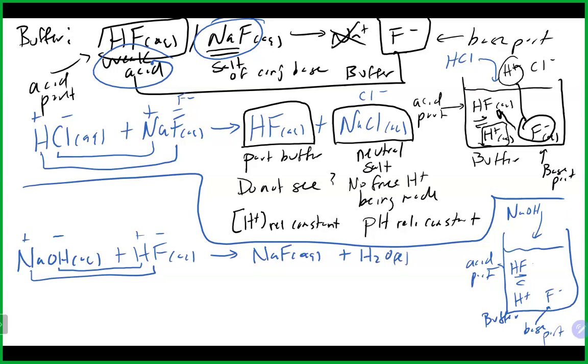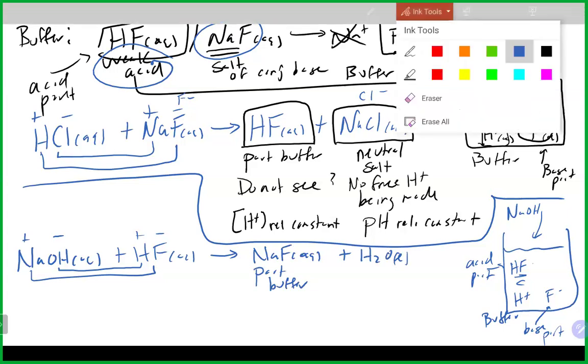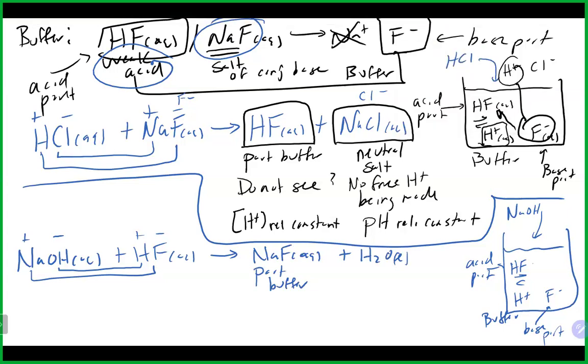So once again, as you can see, we actually made part of the buffer, just like we did above. And this always happens when you add acid or base to a buffer, you make basically the other part. We also made water, which is not going to screw up the pH. So it is exactly what we talked about above. It's actually what we do not see here that's important.